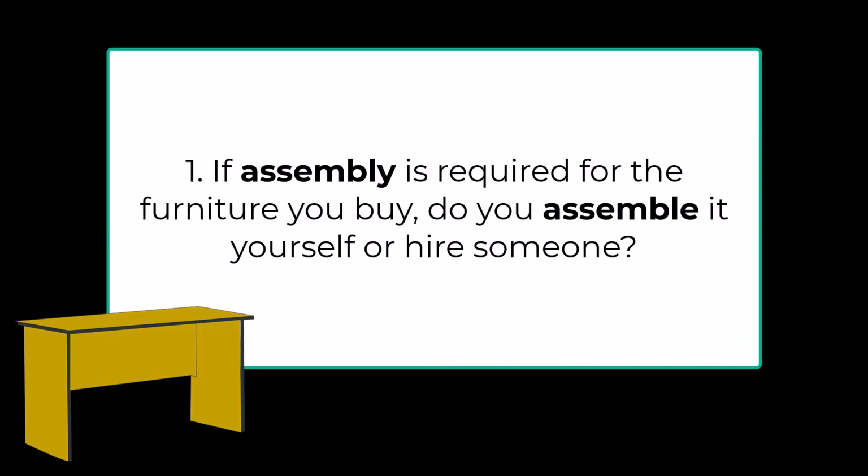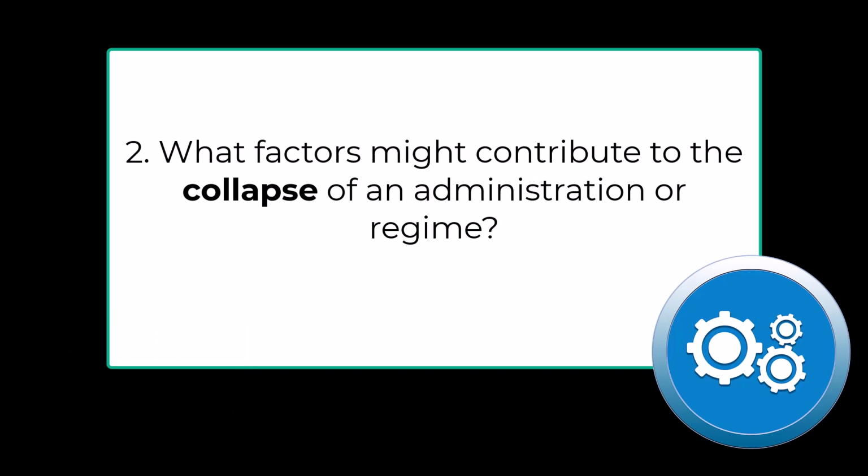How did you do? Next, when I ask you a question, I want you to pause the video and then say or write your answer. Use the key word, okay? 1. If assembly is required for the furniture you buy, do you assemble it yourself or hire someone? 2. What factors might contribute to the collapse of an administration or regime? 3.